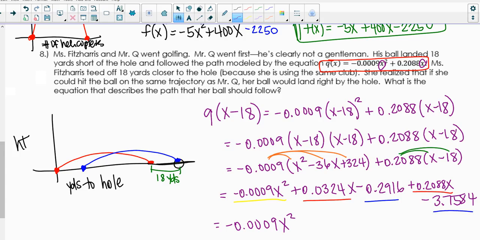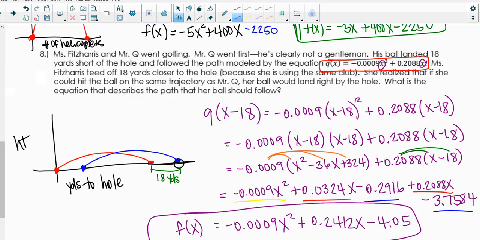If I combine my like terms, 0.0324 plus 0.2088 is a positive 0.2412x, and negative 0.2916 minus 3.7584 gets me a negative 4.05. So that's the path that I need to take, we'll call this f of x for Fitzharris, in order to get a hole in one in standard form.